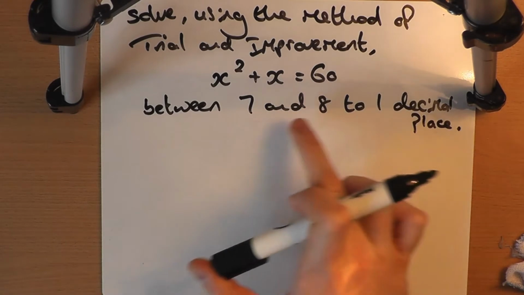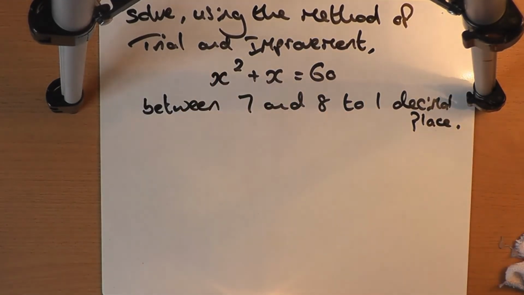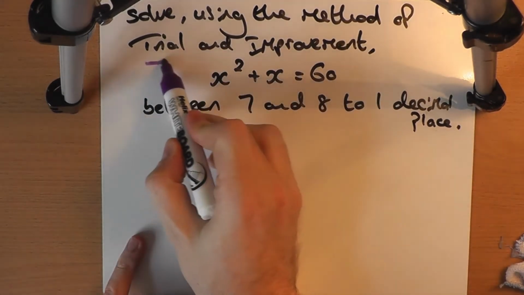Obviously the equation will be different, the numbers either side will be different, but it will always be to 1 decimal place, and it will always specifically mention these words, trial and improvement.